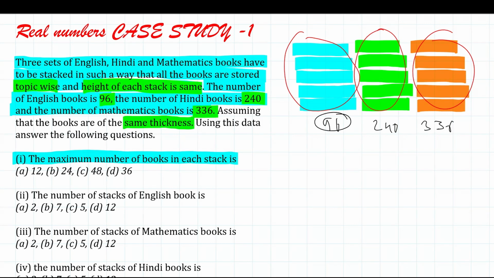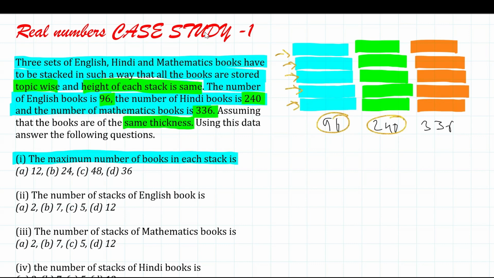Now check here. Since we need an equal number of books in each stack, whatever the number of books present here must be an exact divisor of these. That means whatever this number is must divide 96, 240 and 336 an exact number of times. That is what the question asks.